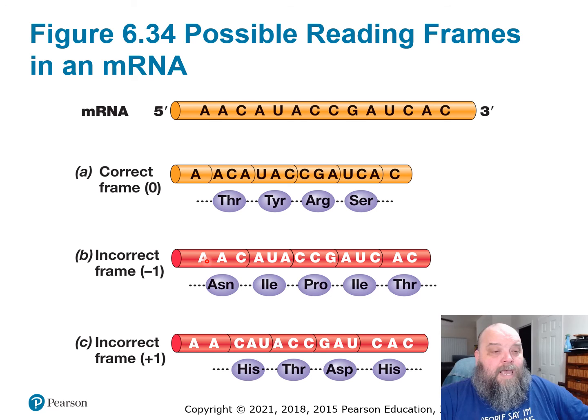You start one ahead: aspartate, isoleucine, proline, isoleucine, completely wrong amino acids. You start one behind: histidine, threonine, aspartate, histidine. These two won't make a working protein. They'll make a polypeptide that has no shape, thus no function.